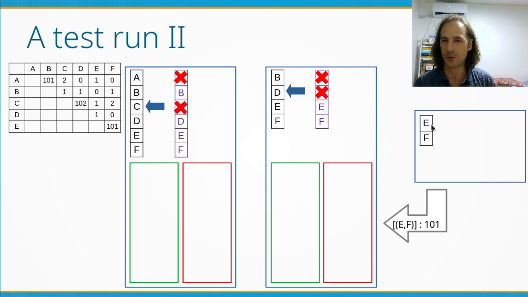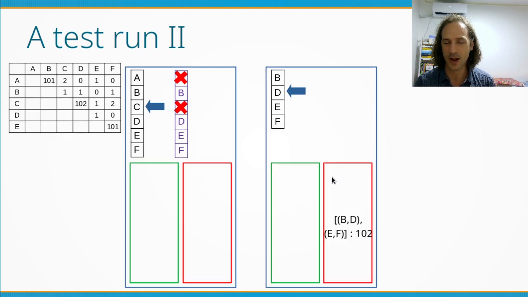The only possible way to pair 2 players is together, and the sum of the points is just the points of this pairing, which for the case E and F is 101 here. So once we got it back from this function, we add B and D. B and D was our pair, and B and D had a point difference of 1.